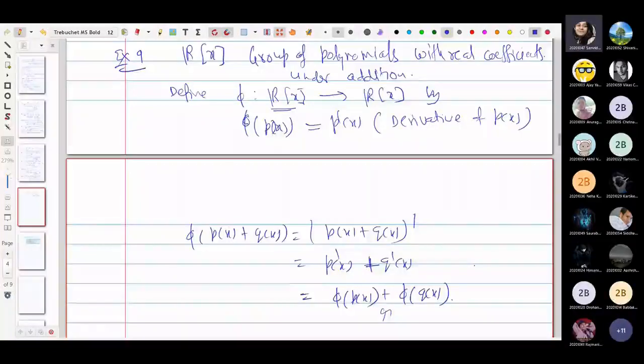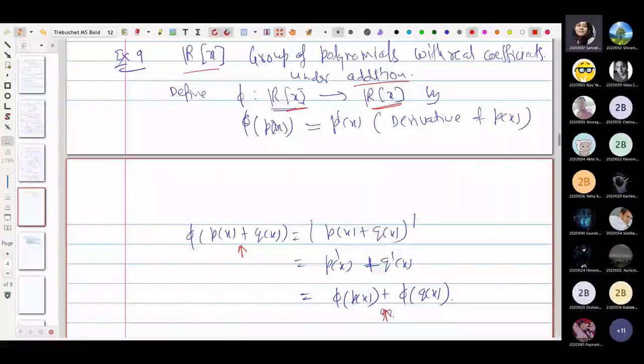In example number 9, you see that R[x] is a group of polynomials with real coefficients under addition. So this is also a group under addition. Here we are going to use addition, and on the other side also the same operation.